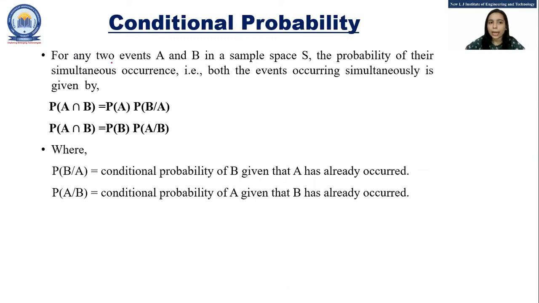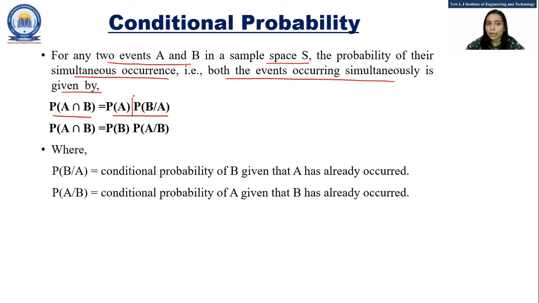For any two events A and B in a sample space S, the probability of their simultaneous occurrence, that means events A and B occurring simultaneously, as I told you, is given by P(A intersect B) = P(A) × P(B/A).